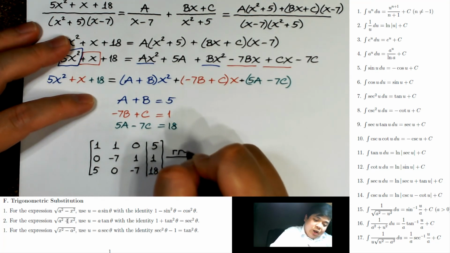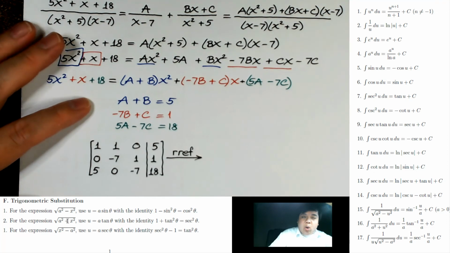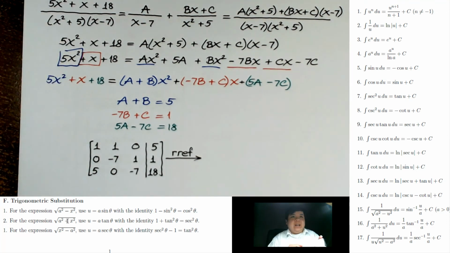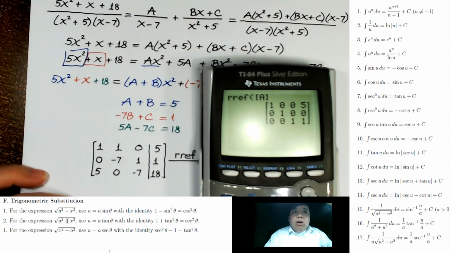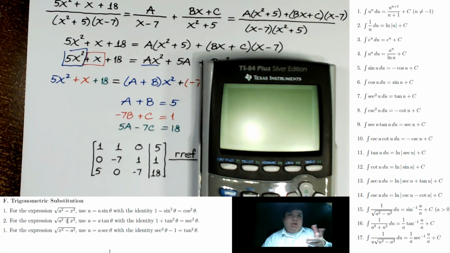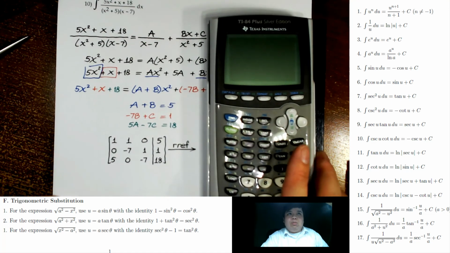We just use reduced row echelon form on the calculator. Actually, I did that earlier. Let's zoom out, full screen here.